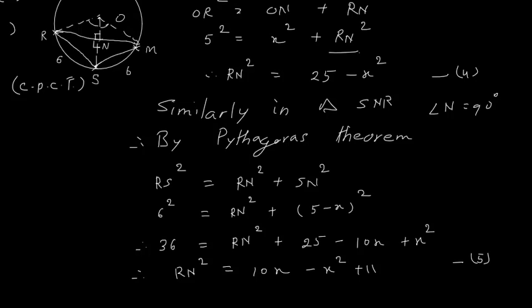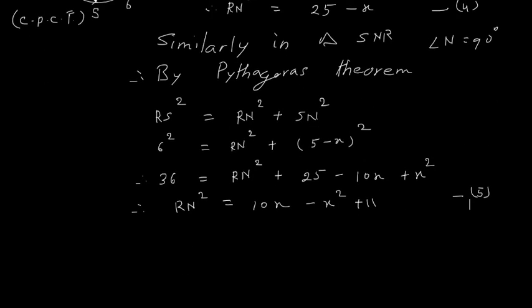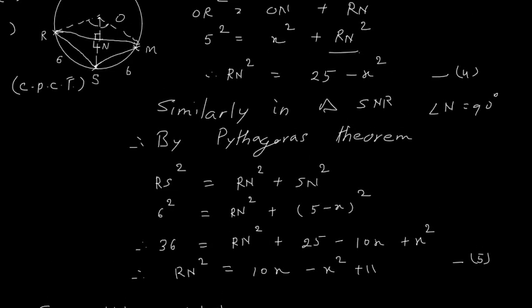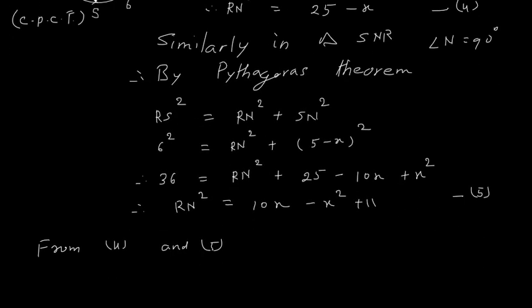So from equations 4 and 5, we can equate this Rn square. That is, 25 minus x square is equal to 10x minus x square plus 11.